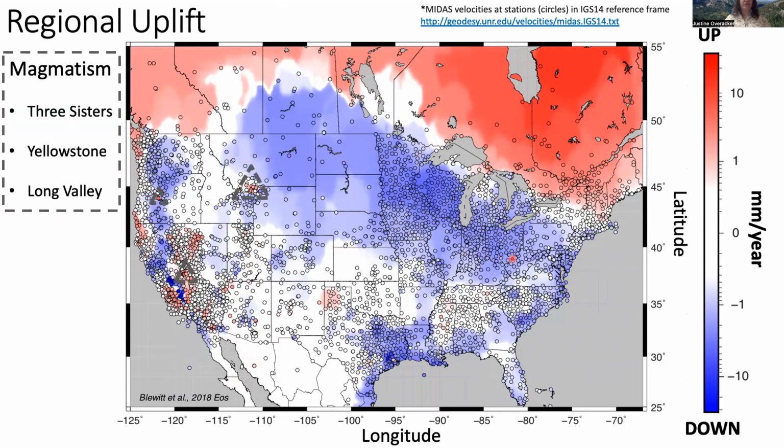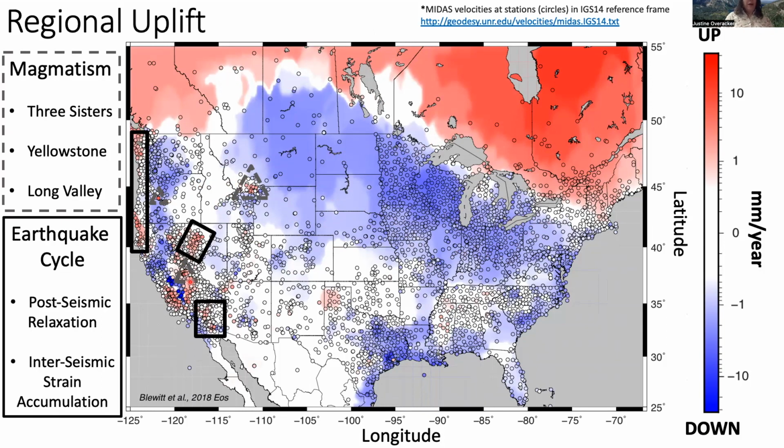It can also show areas of regional uplift, such as magmatism at the Three Sisters, Yellowstone, and Long Valley volcanic complexes. It can also show uplift from different parts of the earthquake cycle.